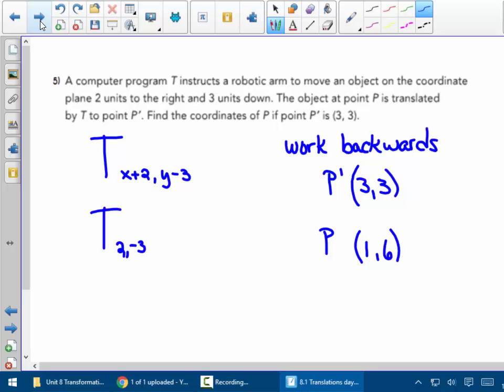So P's original point, 1, 6. So I'm just going to check it. Let's see. 1 plus 2 does make 3, and 6 take away 3 does make 3. So yes, you kind of had to work backwards or do the inverse and subtract 2 and add 3 to find that answer. And here's a little notation that I wanted you to know, so hopefully you wrote that down.